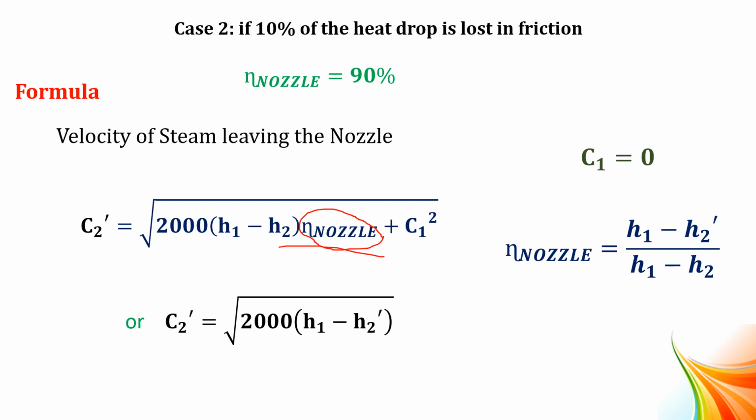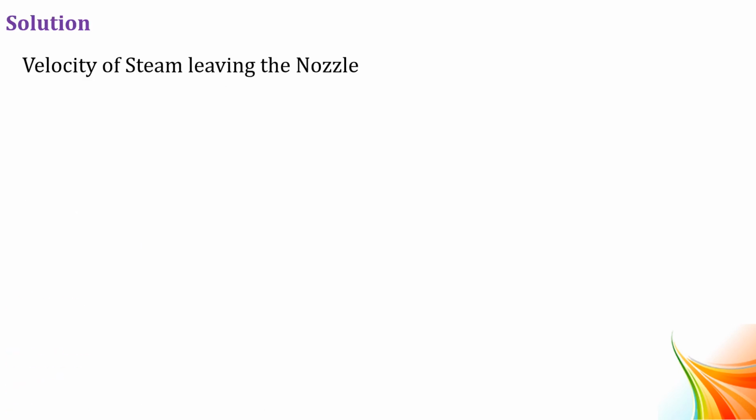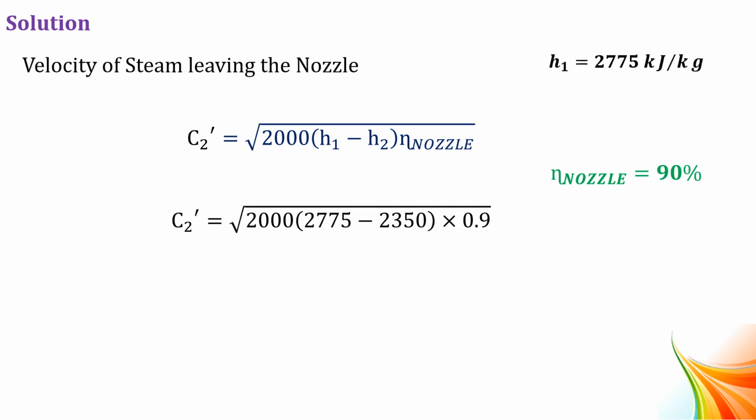So C2 dash is with friction, square root of 2000 into H1 minus H2 dash. H1 minus H2 dash by H1 minus H2 is the nozzle efficiency, that is 0.9. So C2 dash equals 874.64.